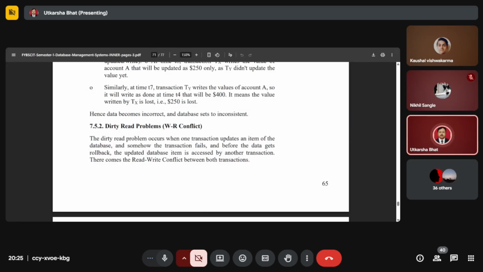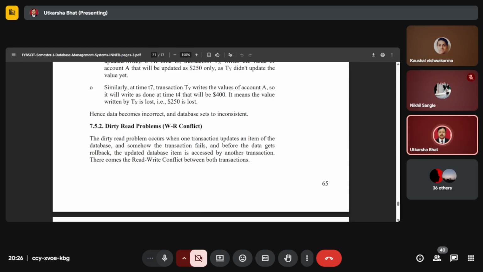Dirty read problem, WR conflict. The dirty read problem occurs when one transaction updates an item of the database and somehow the transaction fails, and before the data gets rolled back, the updated database item is accessed by another transaction.